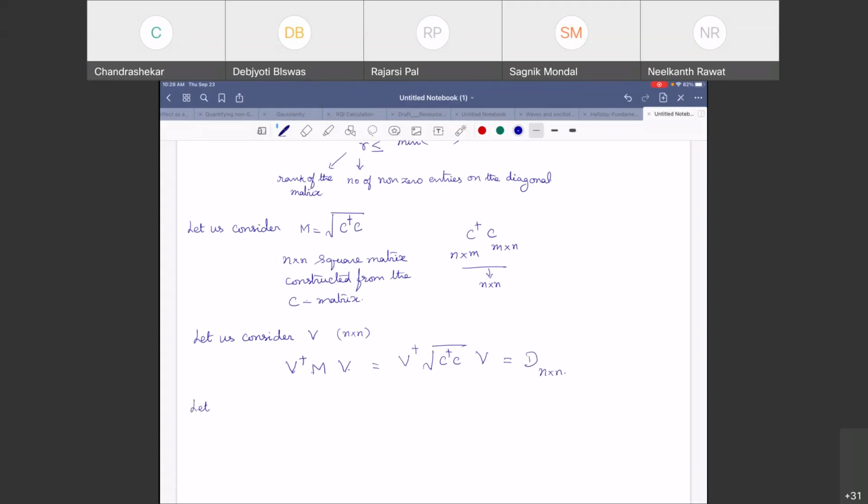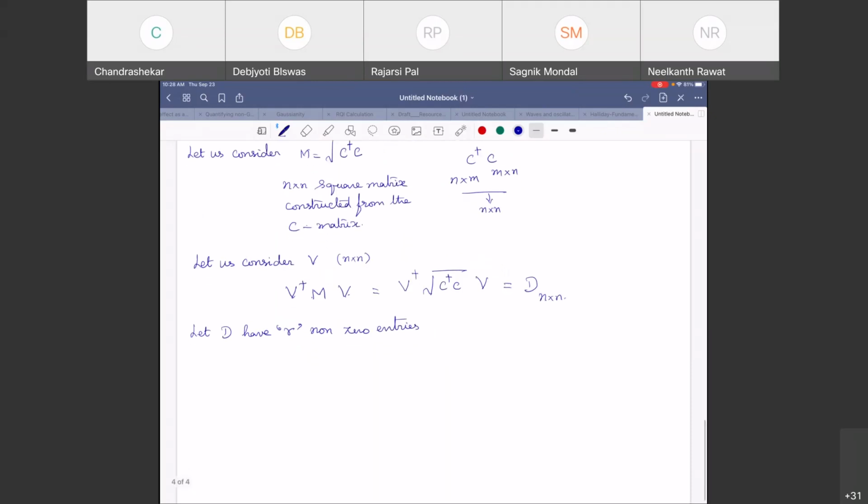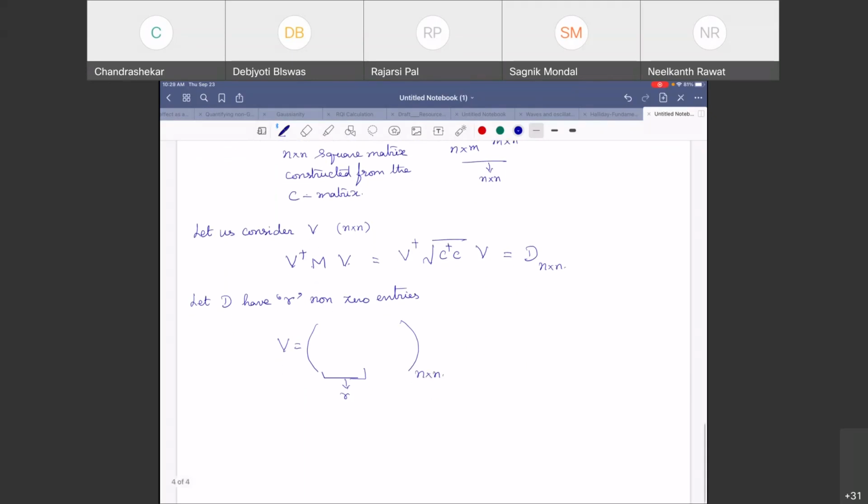Now, let D, the diagonal matrix, have r non-zero entries. Then we can write V and pick up only the first r columns and write the new matrix V1.